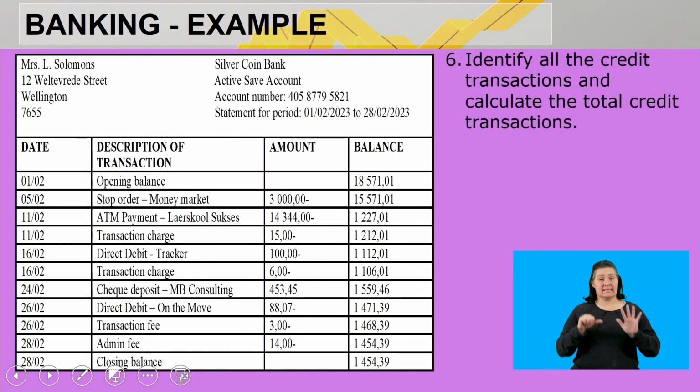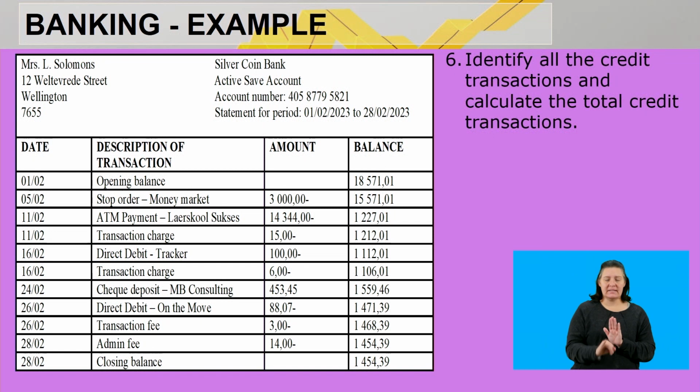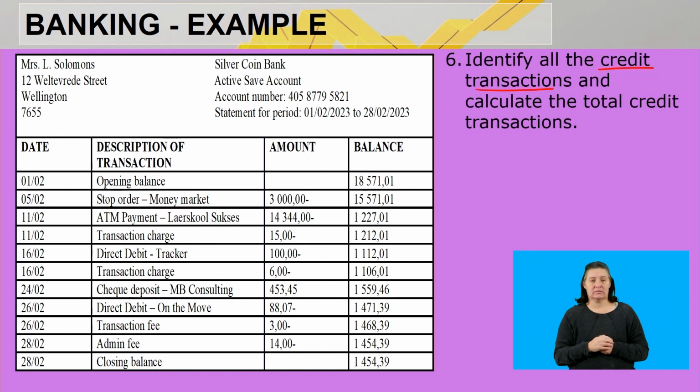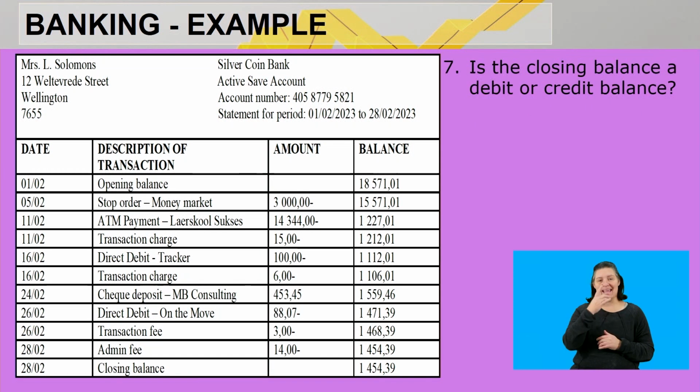At question number 6, it says here, identify all the credit transactions, right? So this time it's all the credit transactions, and calculate the total credit transaction. Now, if I look at what is presented to me here, okay, I can only see one credit transaction, and it's this one here, right? Where there's a cash deposit by MB Consulting of 453 Rand and 45 cents. We agree? So let's quickly go back.